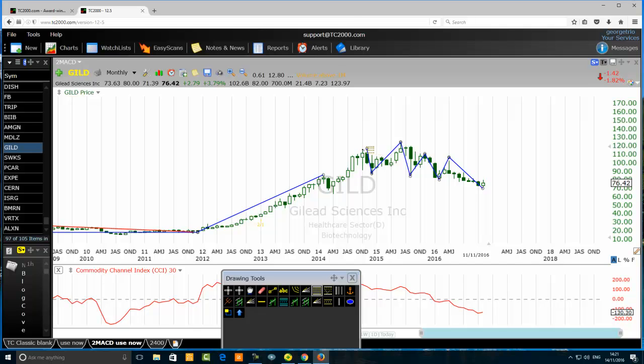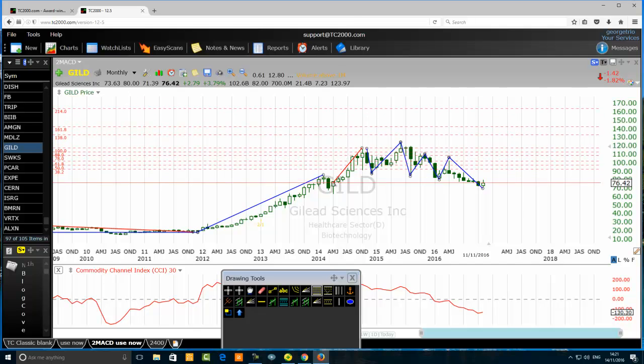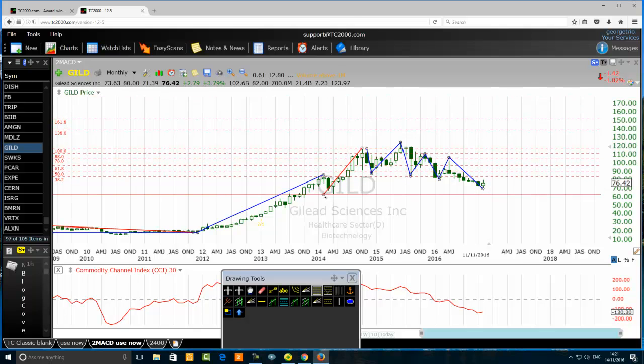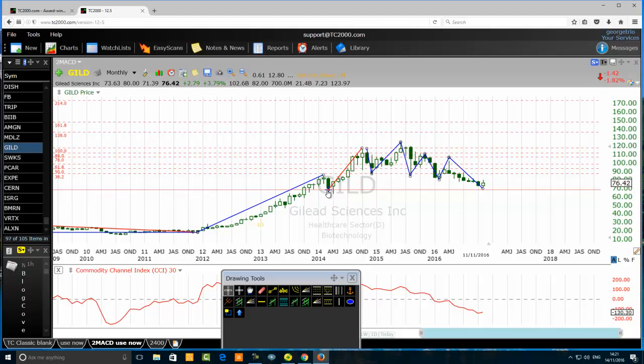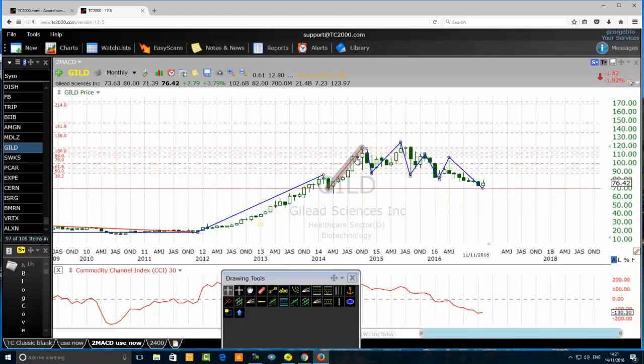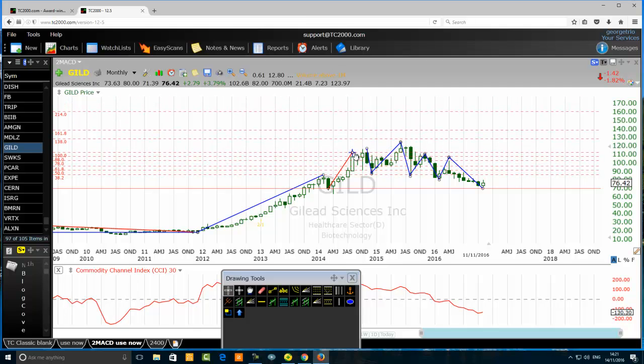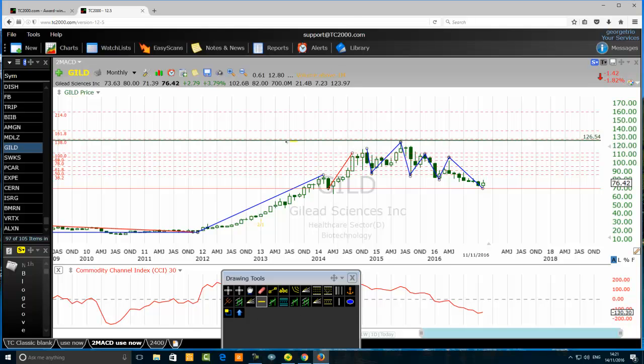The reason why we need to do that is because we want to know where is the 138.2% Fibonacci extension level. It's somewhere up here. But you can see that I placed my Fibonacci extension to the tail of the candlestick bar. I'm going to adjust it now to the closing price, because other traders may apply the Fibonacci extension that way. So applying it now to the closing price of this session here, our 138.2% Fibonacci extension level is now here.